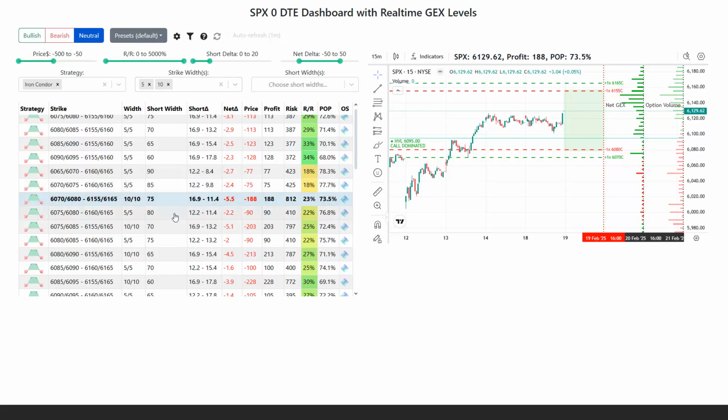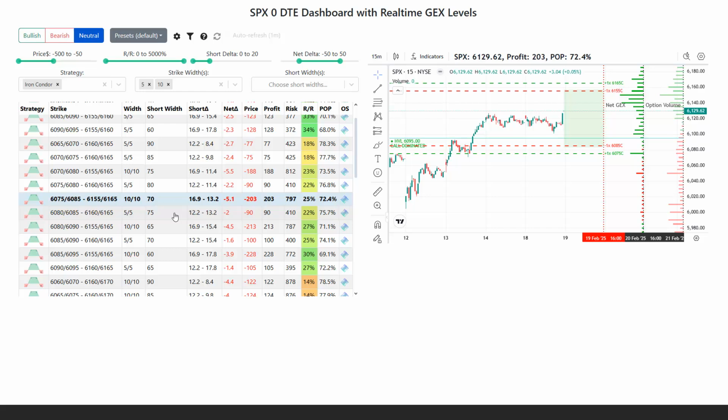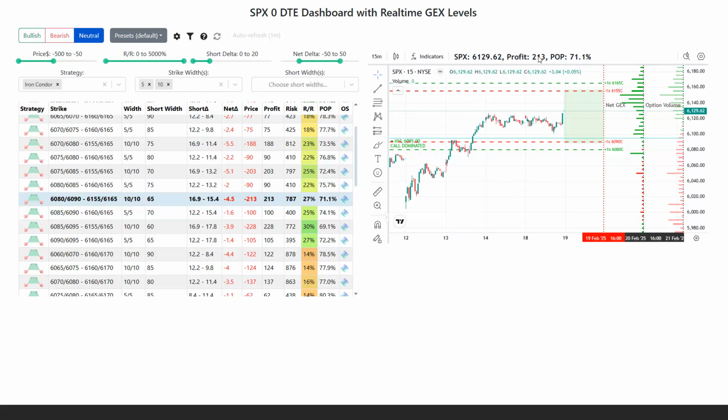And here as well, if I click on any column, the visualization appears on the TradingView chart. In fact, above the TradingView, it shows what the given profitability is and the given POP, or probability of profit, in the given strategy. And if I move through these lines, this value dynamically changes here. And if the market is open, the SPX price also changes.